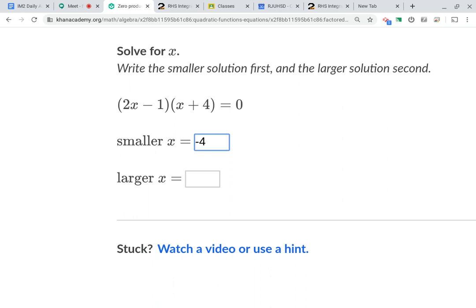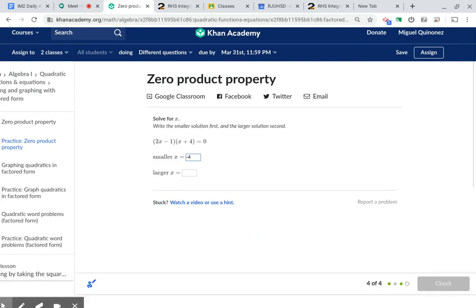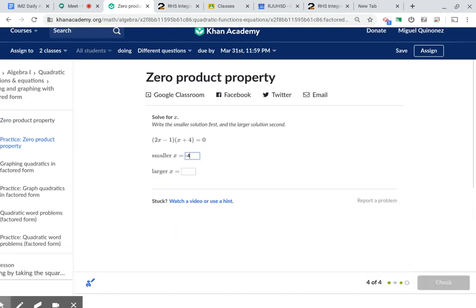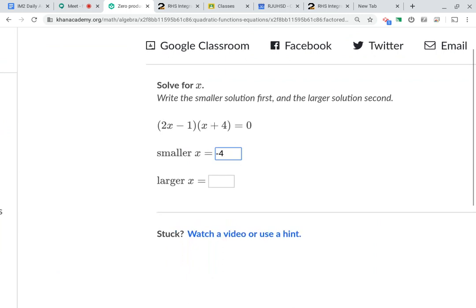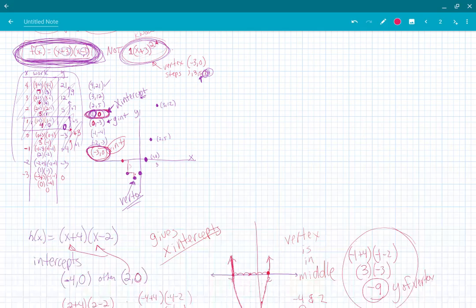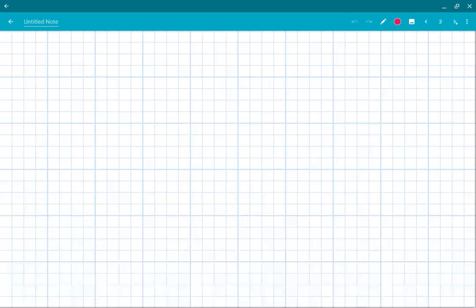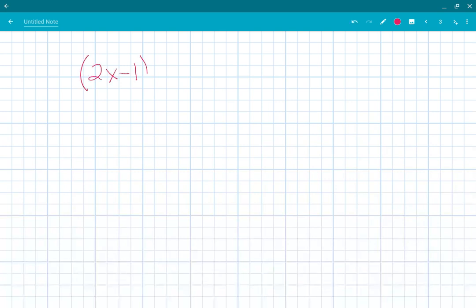What number can you put in x to get rid of negative 1? On this one, positive 1, except that we're going to double it, right? So that means we have to actually half it. So I'm going to do this one on the screen over here. We had 2x minus 1 times x plus 4, right?